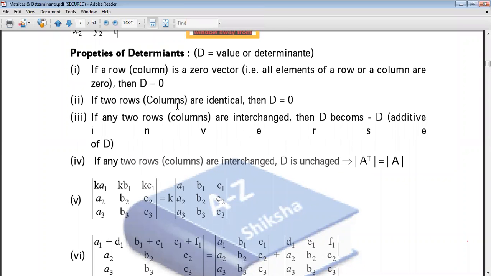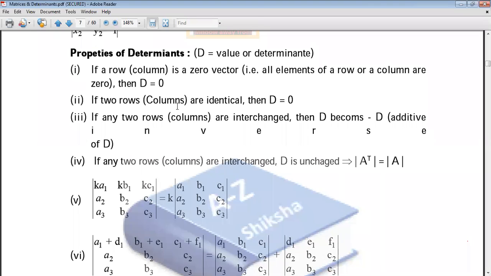So these are the two properties where you can directly say the value of the determinant is 0. One is that if all elements of a row or column are 0, the determinant will be 0, and if two rows or two columns are identical, then you can also say that the value of the determinant is 0.